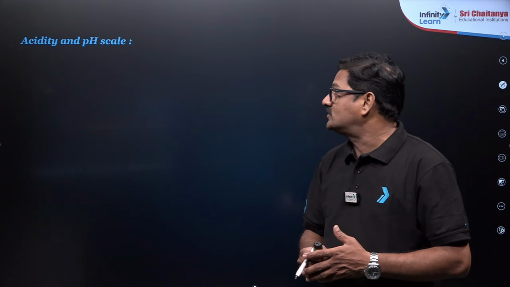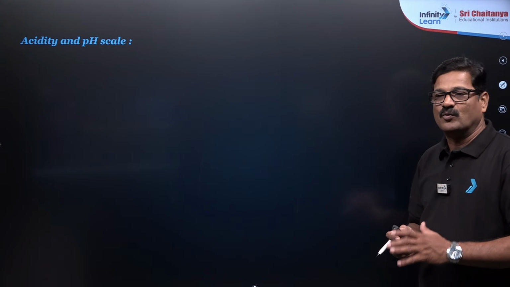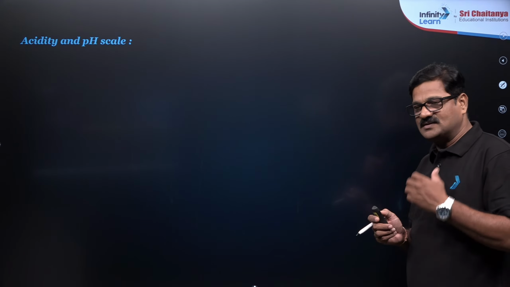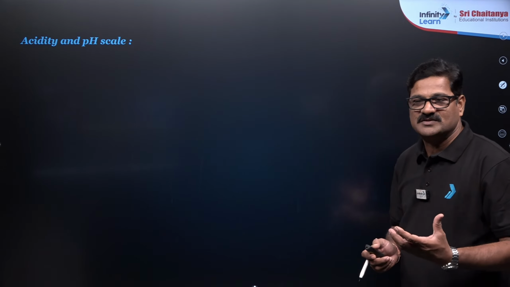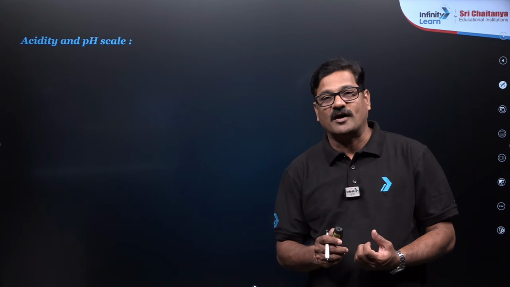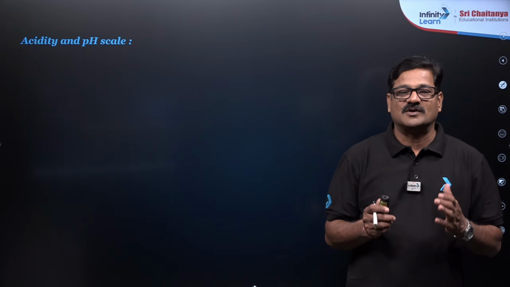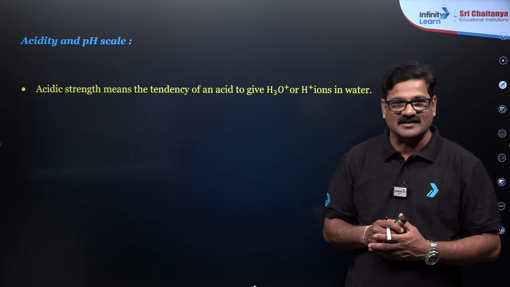Now let's talk about acidity and the pH scale. A solution has H plus ions and OH minus ions. How much H plus ion is there is given logarithmically by the Sorensen scale. Sorensen was the scientist who gave this scale mathematically, that is the pH scale.